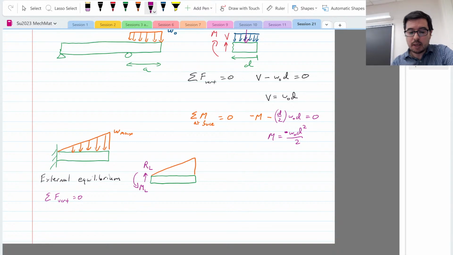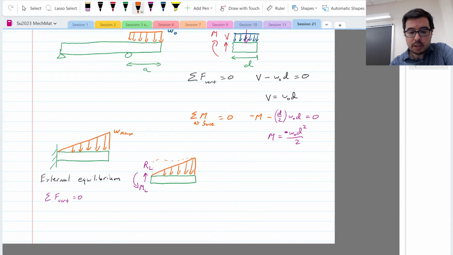So in this case, first we've got to figure out what that net force is, right? And so that's going to be just 1/2 times that, because if this were a rectangle, then it would be W max times that length.